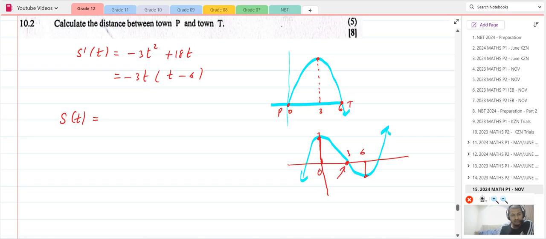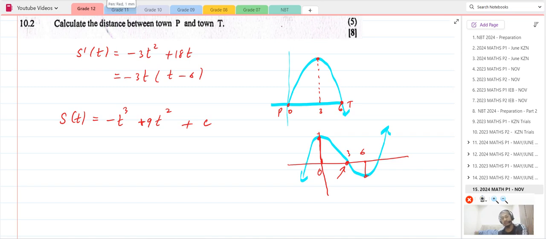So S of t is negative t cubed plus 9t squared, because 2 times 9 is 18, plus some constant c.